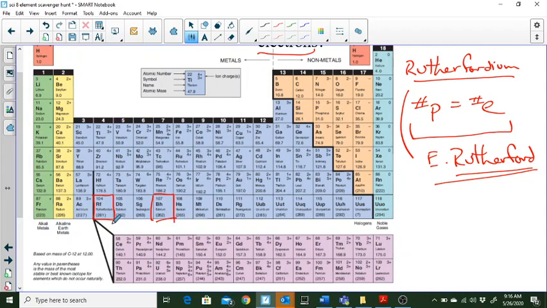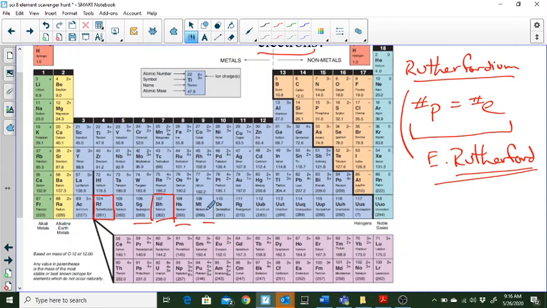So actually, Rutherfordium, bohrium, hassium, and so on, can't quite make out some of these ones. These are just temporary names. And seaborgium, these were named for people who were quite influential in the development of atomic theory and so on.